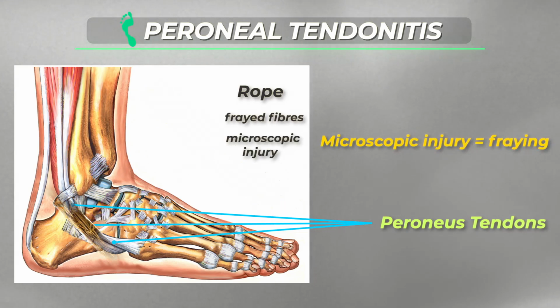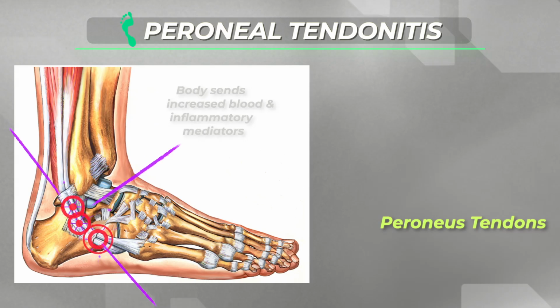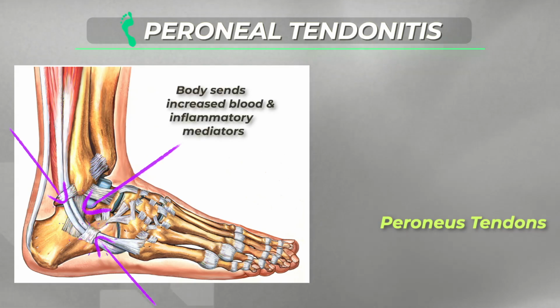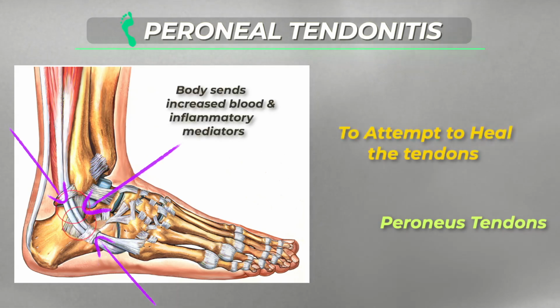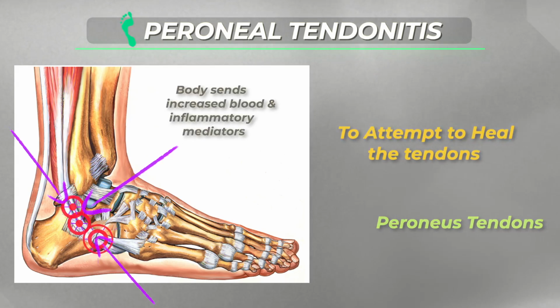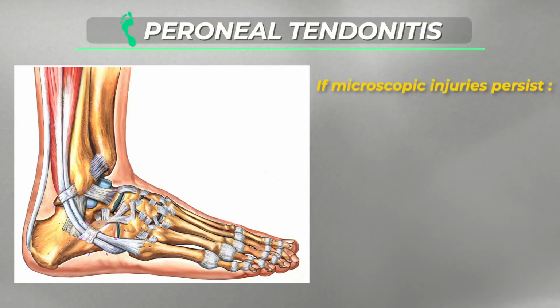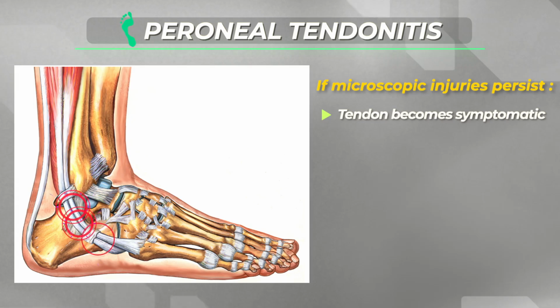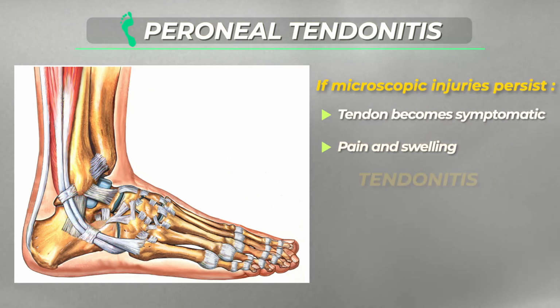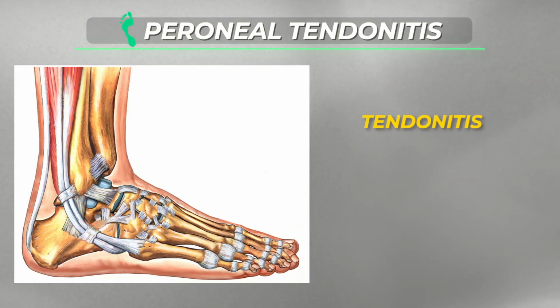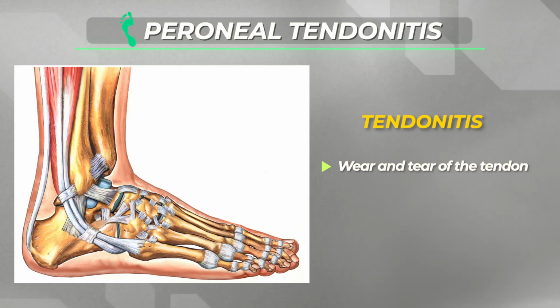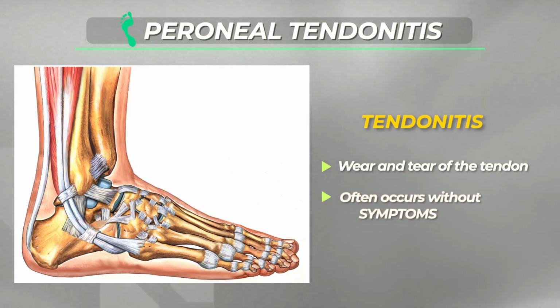These microscopic injuries to the tendon cause the body to send increased blood and inflammatory mediators to the tendon in an attempt to heal it. If the microscopic injuries persist, the tendon can eventually become symptomatic with pain and swelling. This is tendonitis. Although it should be noted that wear and tear of the tendon often occurs without any symptoms.